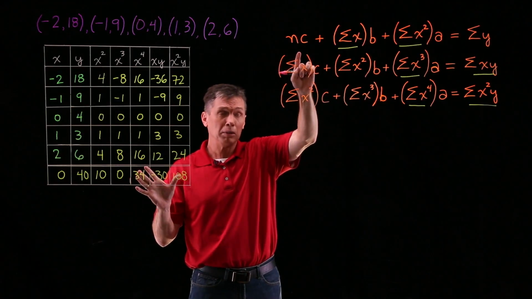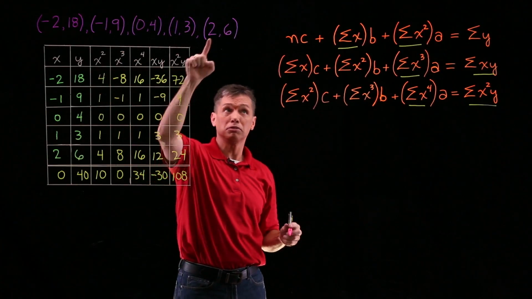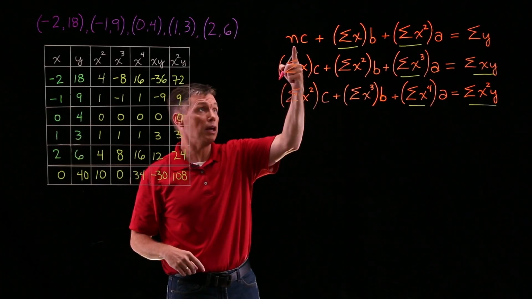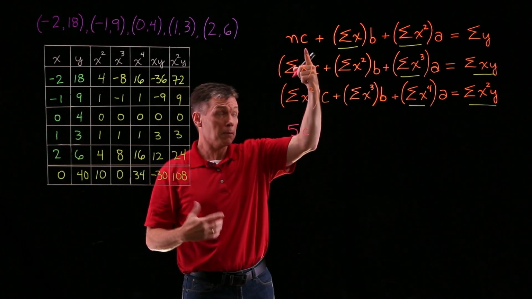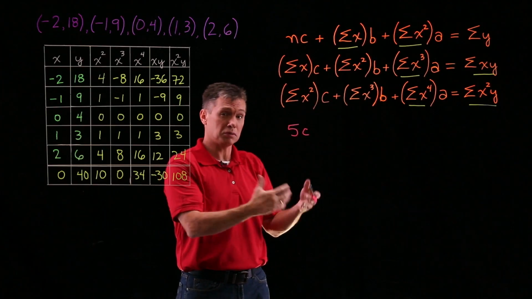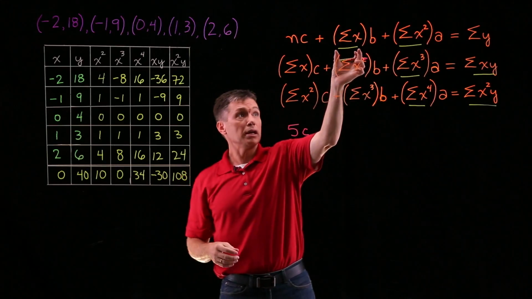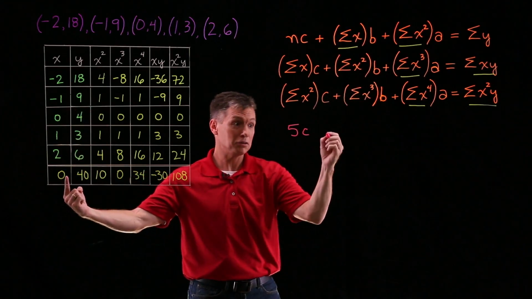N, I didn't mention yet, but N is always the number of data points. So we had 1, 2, 3, 4, 5. So for this N, that's just going to be a 5 times C, which is one of your unknowns. A, B, and C will be our unknowns in this system, and we'll solve for it. Next, my summation of x's, that's the first column, that's the 0.